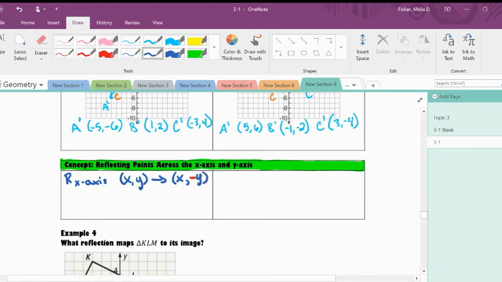So you're changing the sign of y. When we reflect across the y-axis, our (x, y) changes to be (-x, y). So we change the sign of the x value.